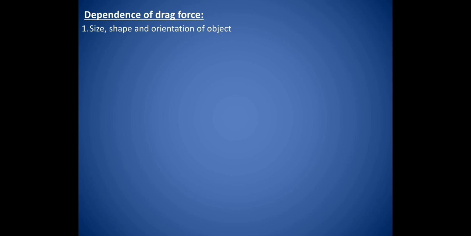Another is orientation. Orientation means the arrangement of an object in space, or we can say the symmetry of the object, right? So the drag force depends on the size, shape and orientation of the object.